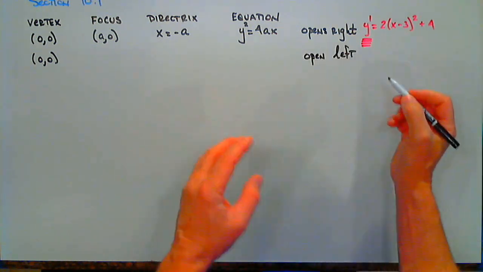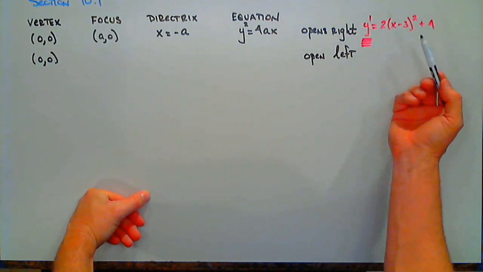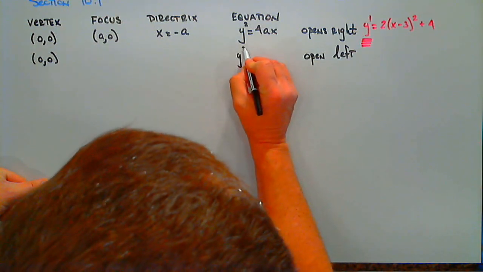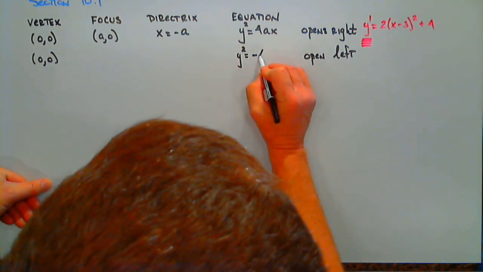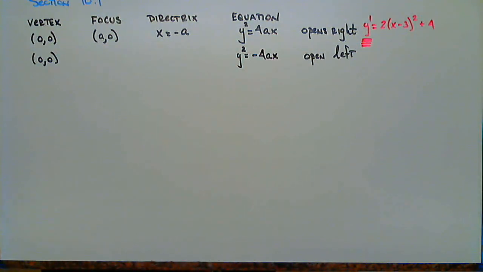Well, let's work backwards. In Algebra 2, we said if we wanted to change directions, we have to put a negative in, and that's exactly what we're going to do now. We're going to get y squared equals negative 4ax. If we have a negative, it's going to open left, just like it did in Algebra 2.